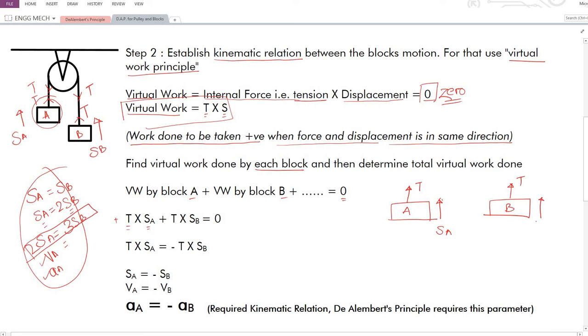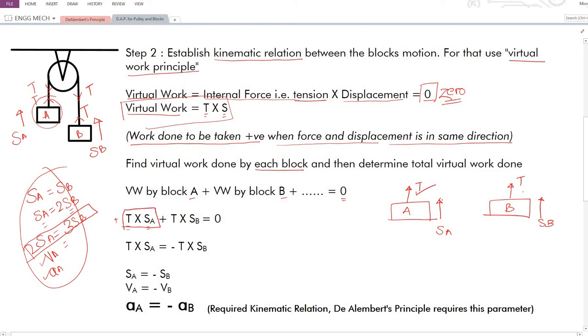Similarly, it is upward for block B. Now, what is the internal force or force here? T. It is going in the upward direction. The direction of motion is upward. Also, displacement is in the upward direction. Therefore, both these parameters for virtual work done, force and displacement, are in the same direction. That's why we have taken the virtual work done by block A as positive.